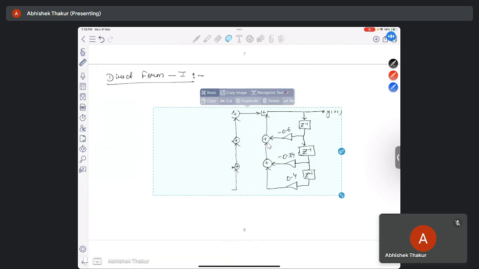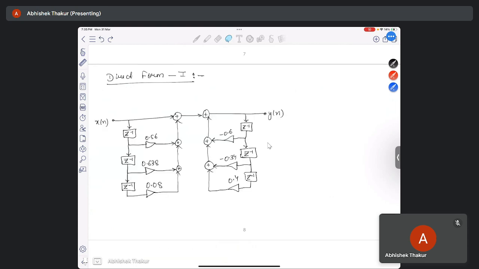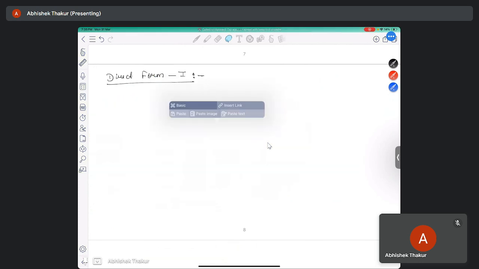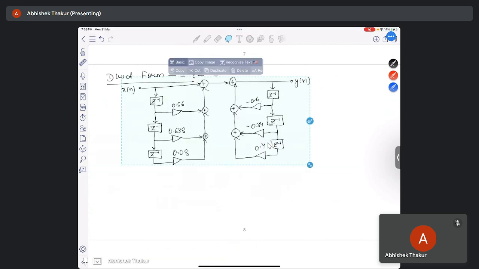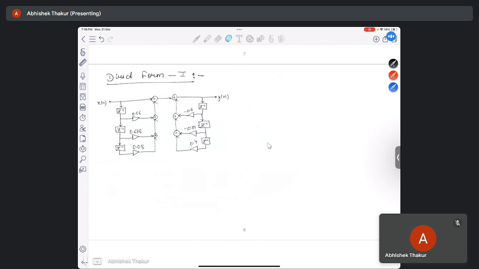Now we will move to the next page. So now this was our direct form 1. Now we will make direct form 2 from this.